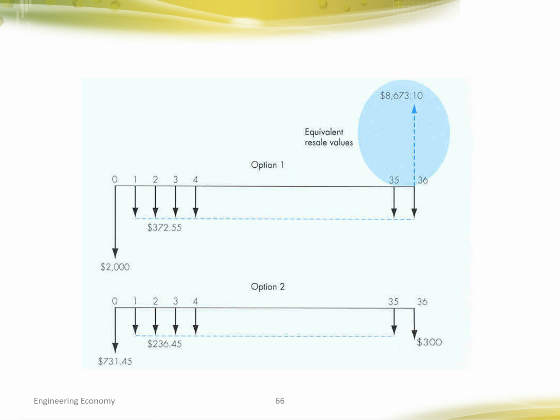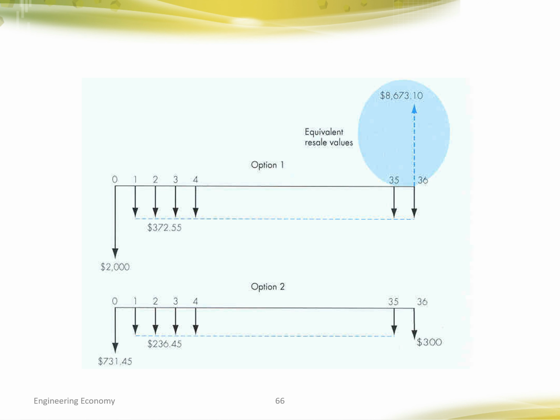For the top one and for the lower one, you can tell that it's quite easy to just convert them into a present value. So for option 1 we have basically 36 equal payments, and at the end we get salvage value from selling the car, and in the beginning we pay 2,000 down payment, so it can be easily converted and added up. The second one will be very similar.